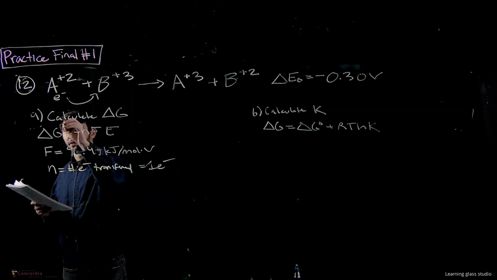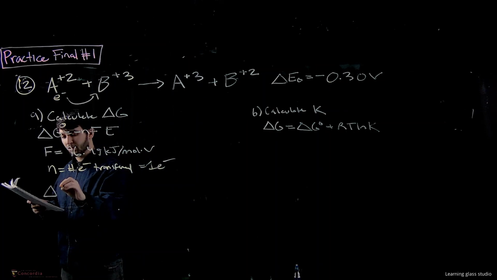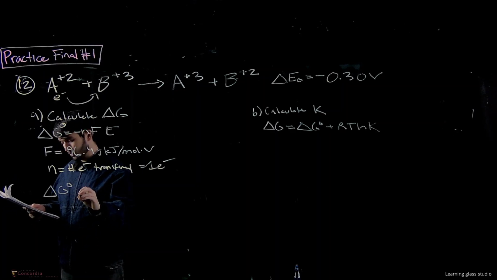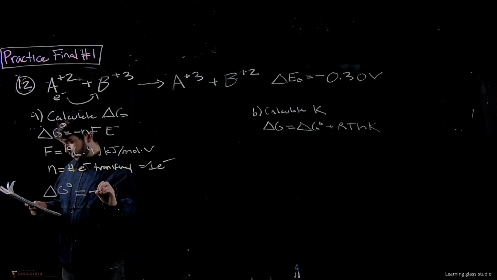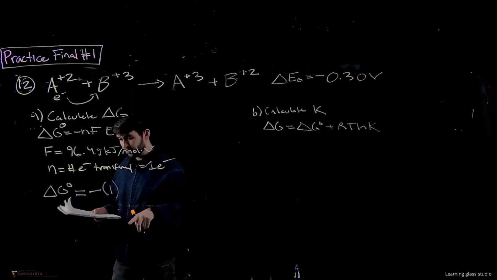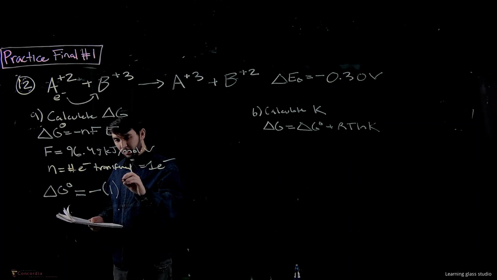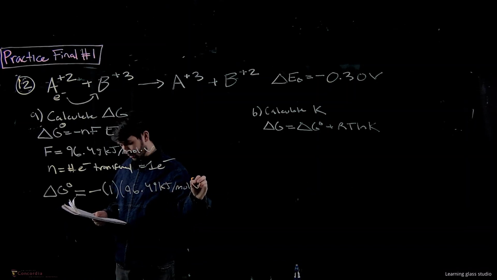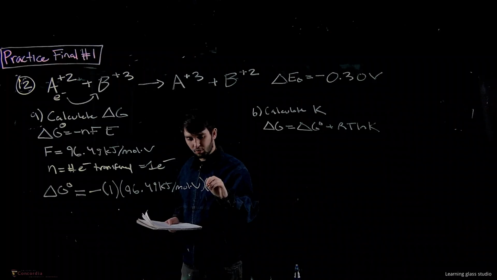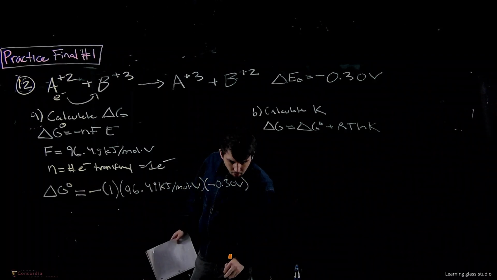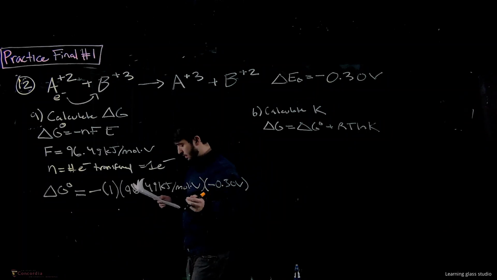This is standard Gibbs free energy. So delta G at standard conditions is going to be equal to negative 1, so just 1 electron, times 96.49 kilojoules per mole volt times negative 0.30 volts. Okay, and what do you get?